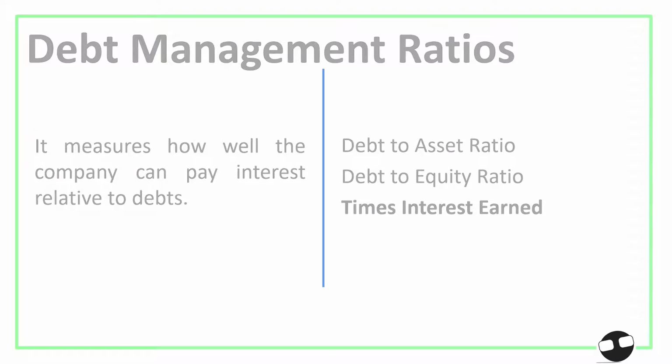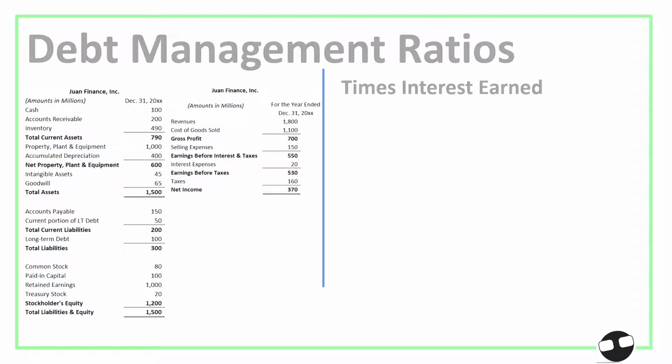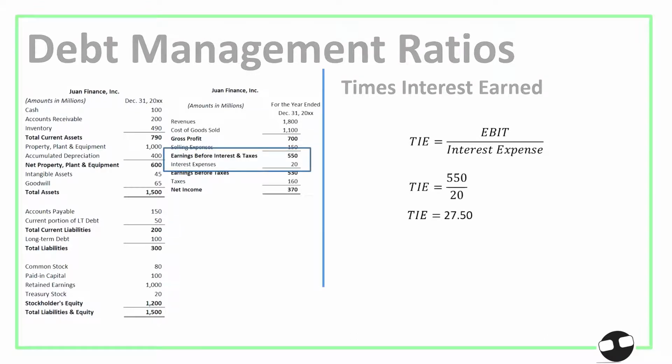And lastly, we have the times interest earned. It measures how well the company can pay interest relative to debts. So here, our formula is earnings before interest and taxes divided by interest expense. And that would give us 550 divided by 20. And the times interest earned is actually 27.50.